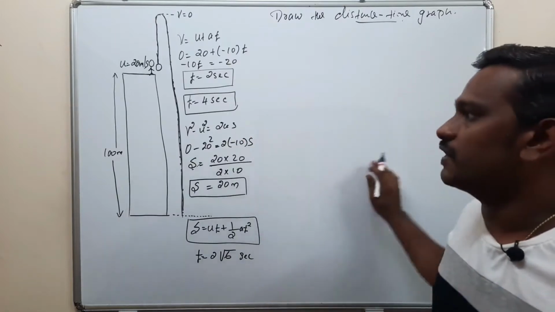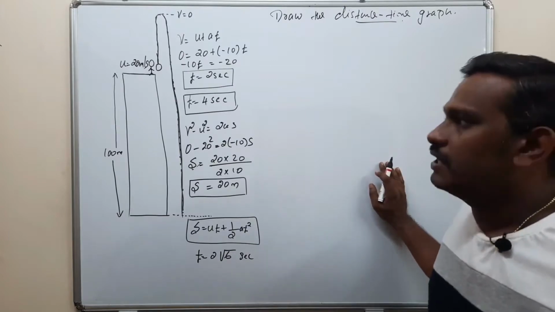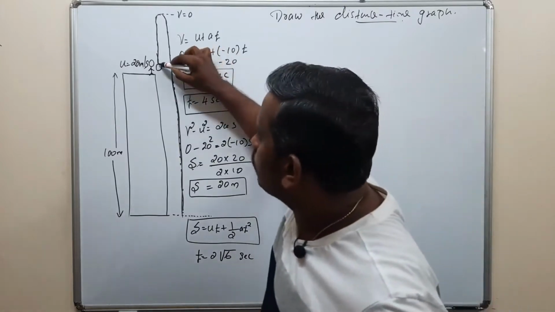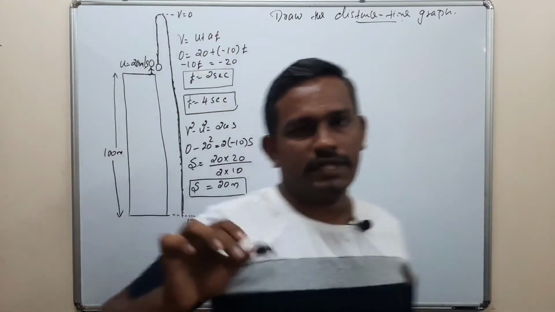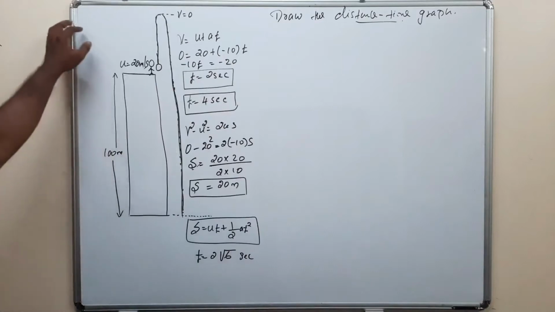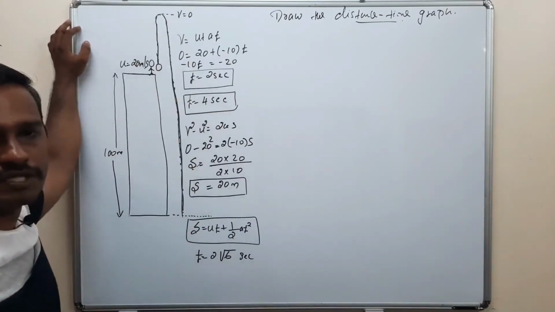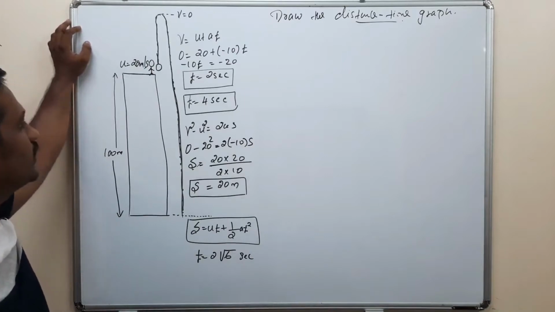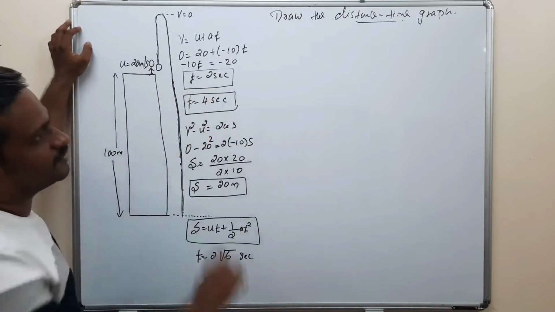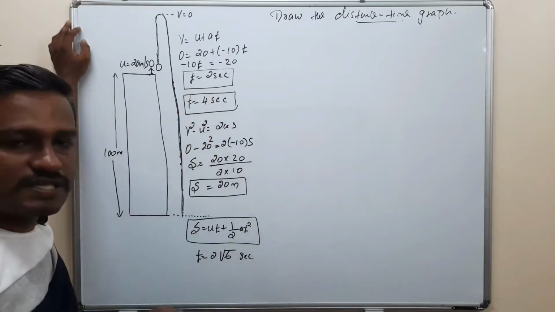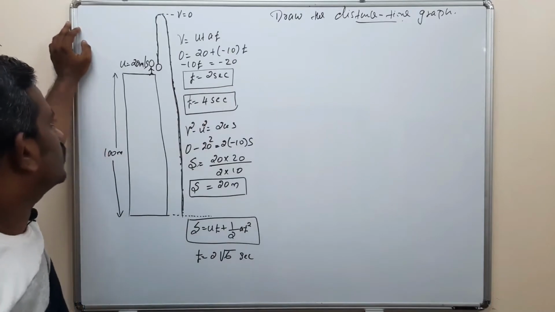In the previous case we drew the displacement time graph, where the displacement is positive while the ball goes up, and when the ball comes down, the displacement is negative. Here, in the distance time graph, distance is always positive. So according to that we have to draw the graph.